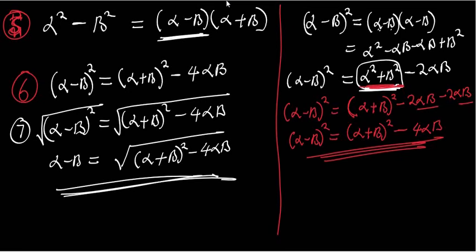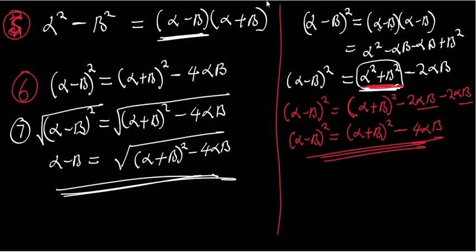Okay, now remember what we're doing. We're doing alpha squared minus beta squared. It may seem difficult, but it's not that difficult at all. That was question 7. Now let's go to 8.